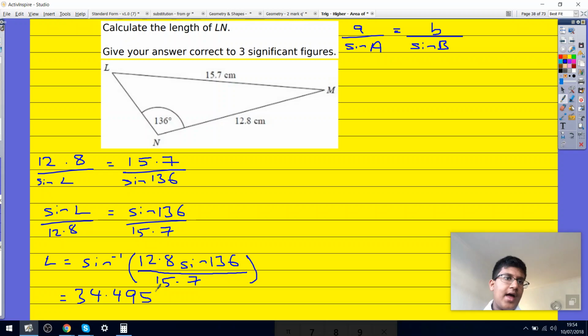So we need the other angle. If we want to find LN, we need the angle NML.